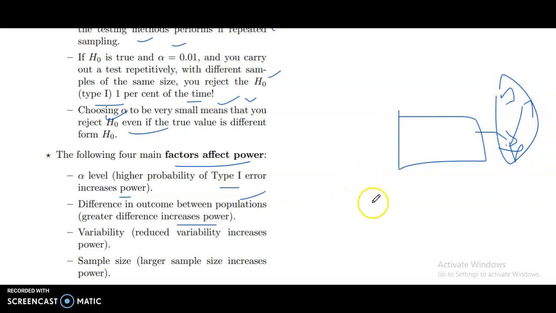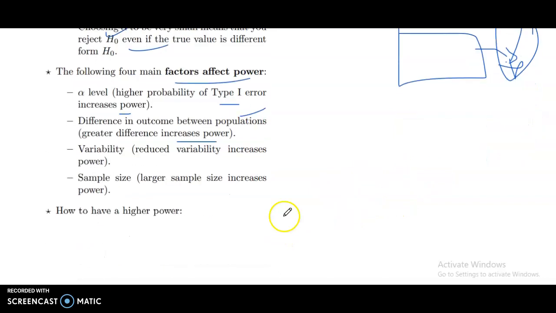Variability: reduced variability increases power. Sample size: a large sample size increases power.